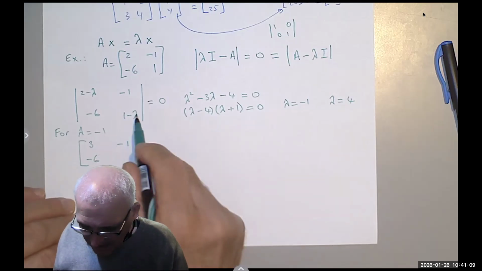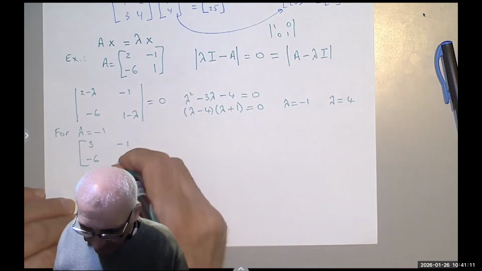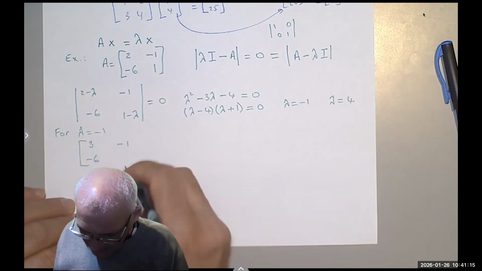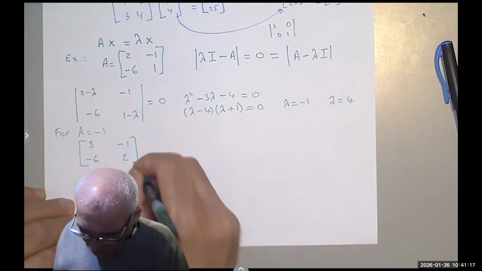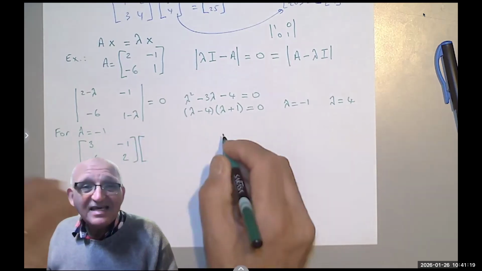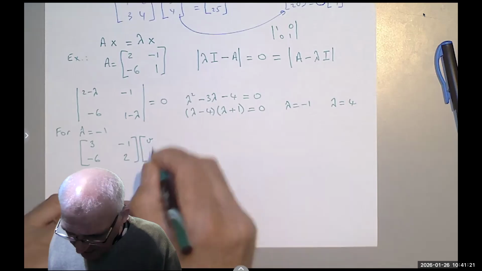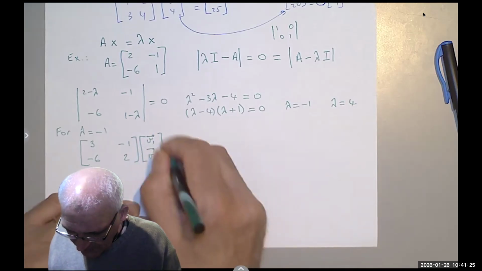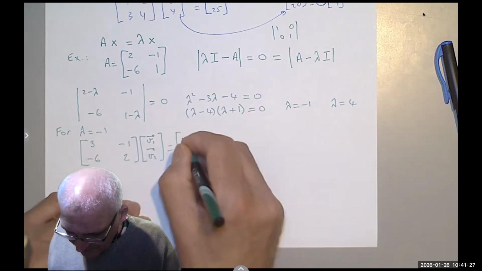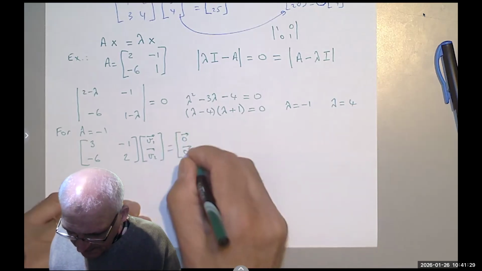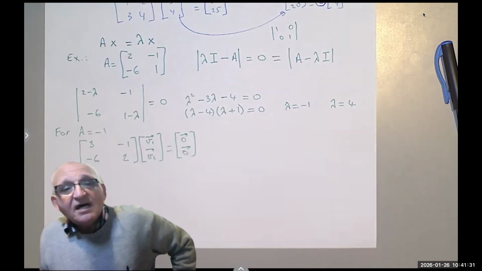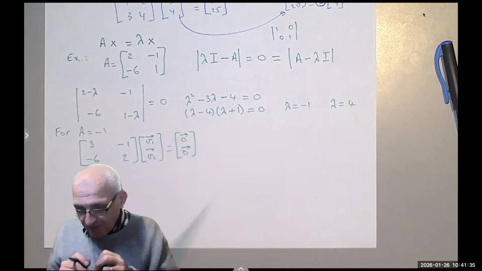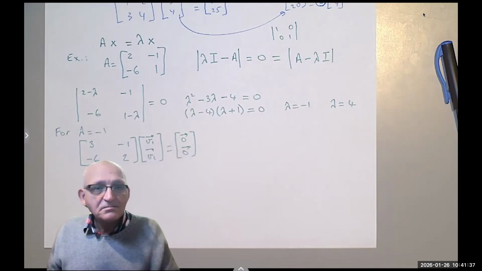And 1 minus -1 is 2. So when you multiply that by a vector, let's call it V1 and V2, you get a 0 vector. So what are the values of V1 and V2 that will give you zeros?